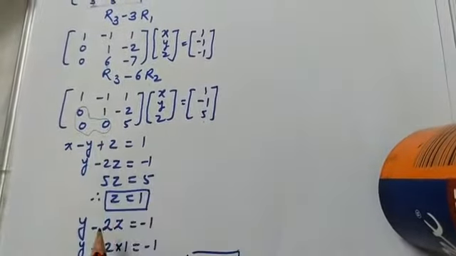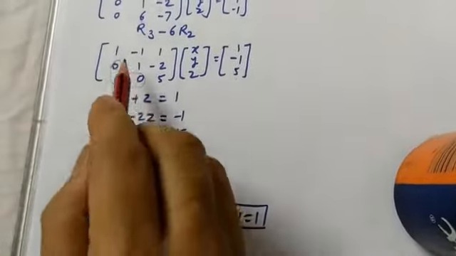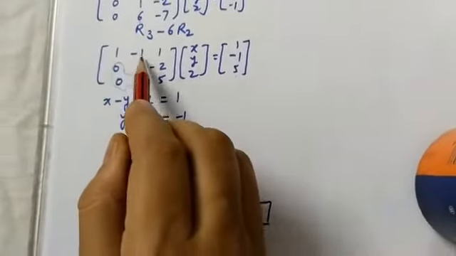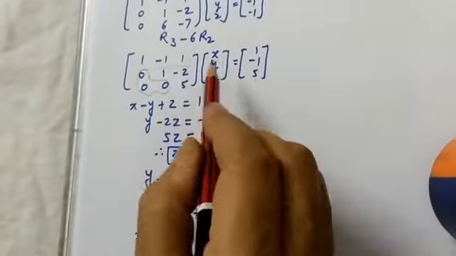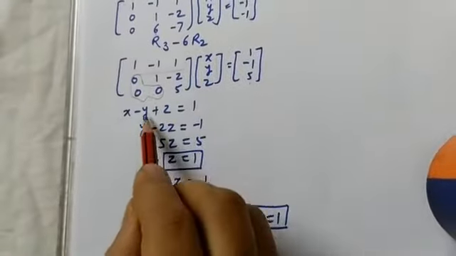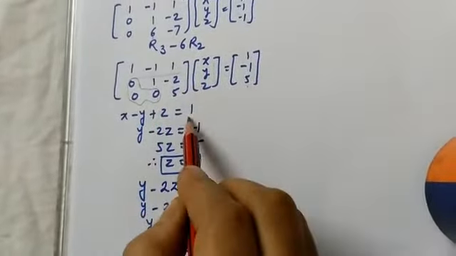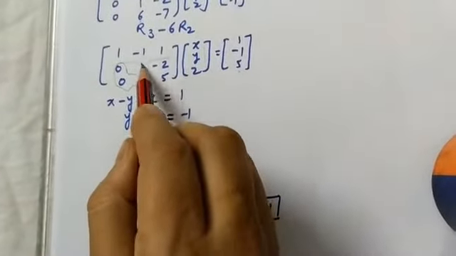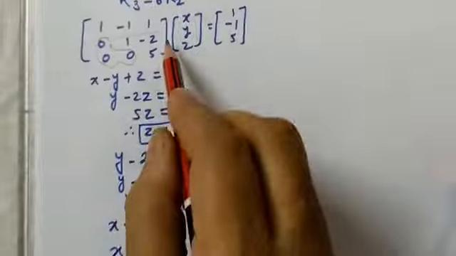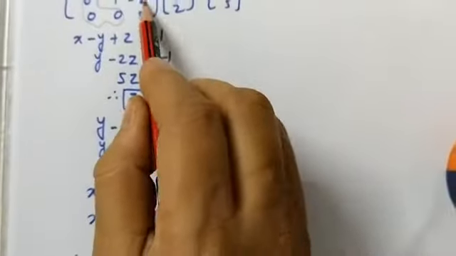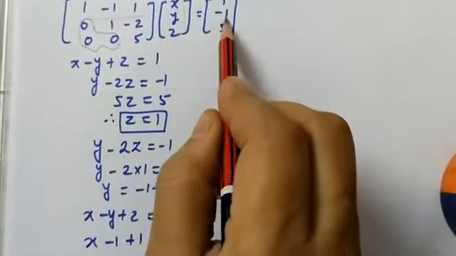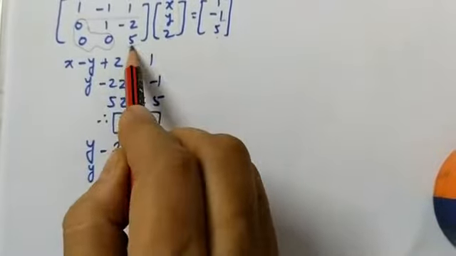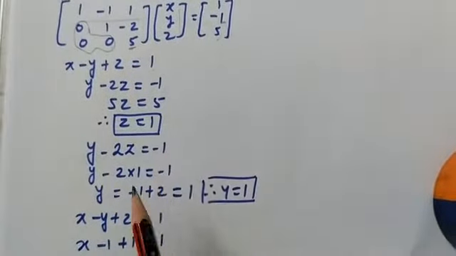Now by the elimination method, we see that after matrix multiplication, x minus y plus z equals 1. Since this is 0, this is 1 multiplied by y and this is minus 2 multiplied by z, equal to minus 1, and this is 5z equal to 5.